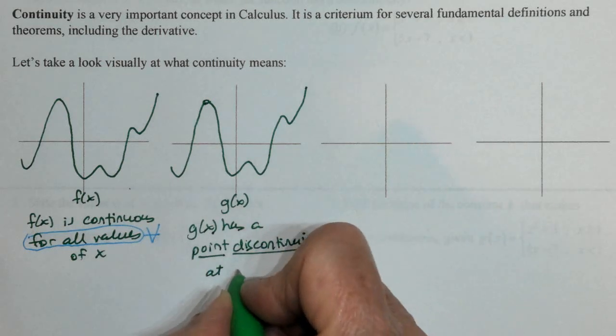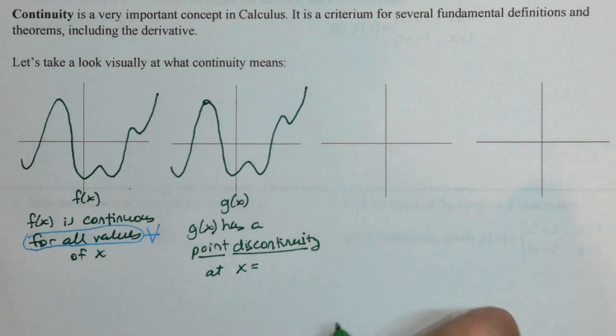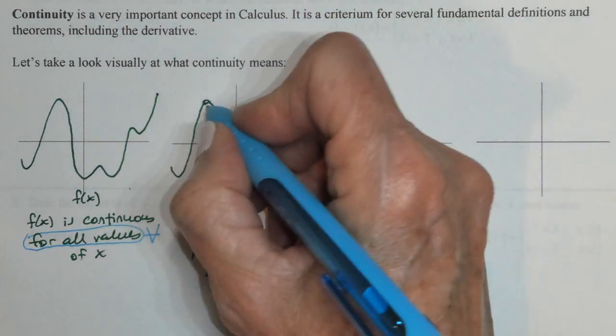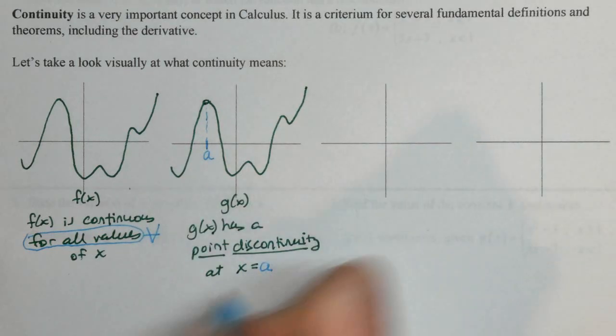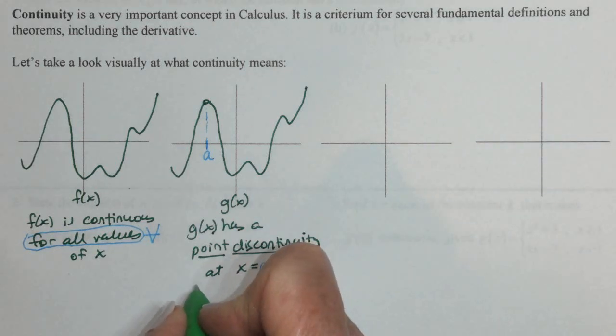At that x value, let's call it x is equal to a. So we'll say g has a point discontinuity at x is equal to a.